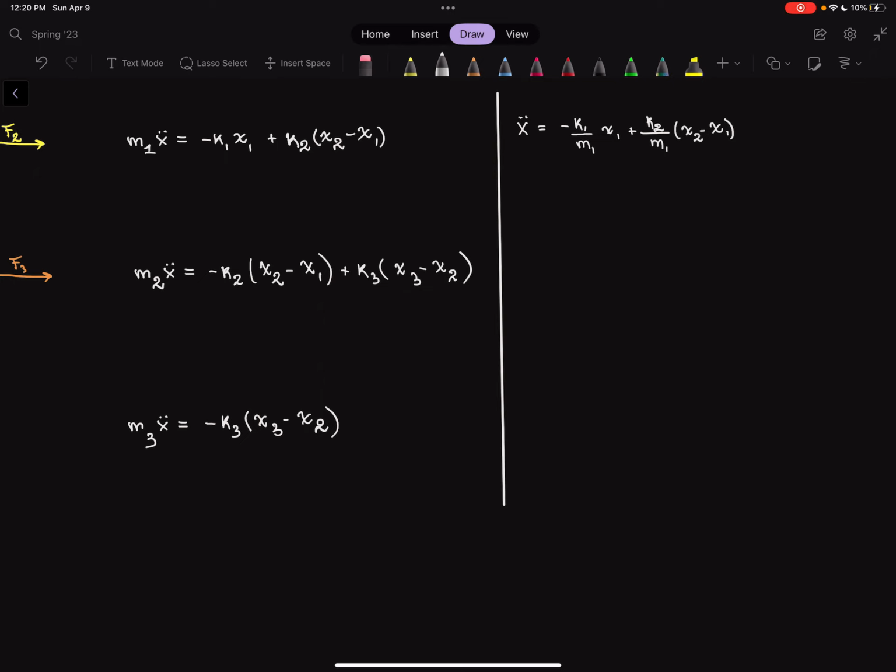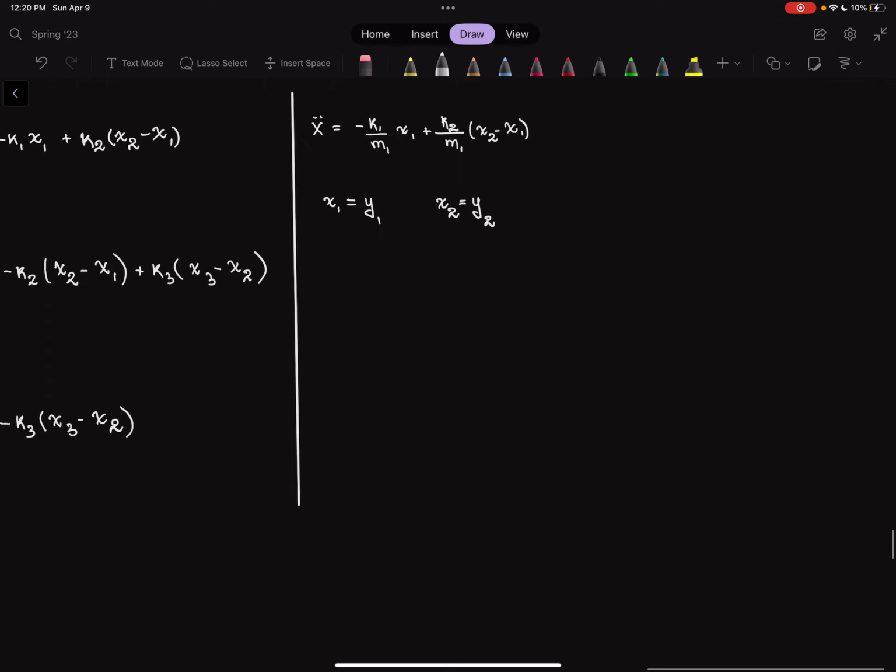So let's say that x1 is equal to y1 and that x2 is equal to y2. And let's distribute this. So this is going to be negative k1 over m1 times x1 plus k2 over m1 times x2 minus k2 over m1 times x1.